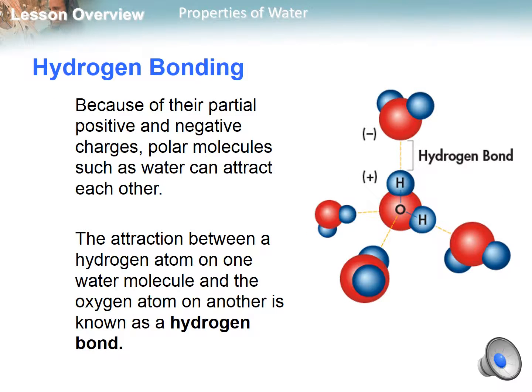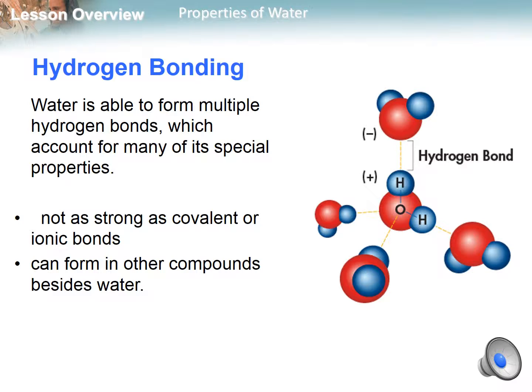Now, because water molecules are polar, they can do what is called hydrogen bonding. Basically, this is an attraction between a hydrogen atom on one water molecule to the oxygen atom on another water molecule. Now understand that this hydrogen bonding can occur between hydrogen and a couple other atoms such as nitrogen, carbon, sulfur, phosphorus.